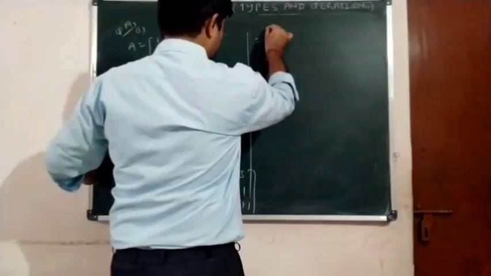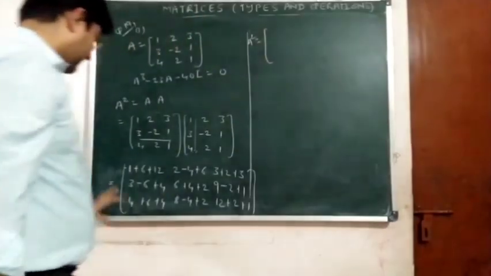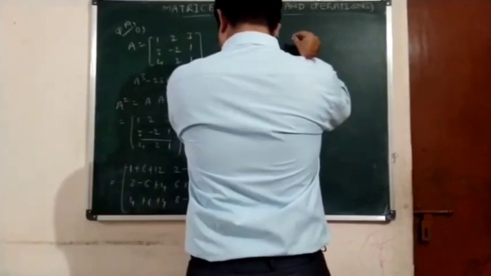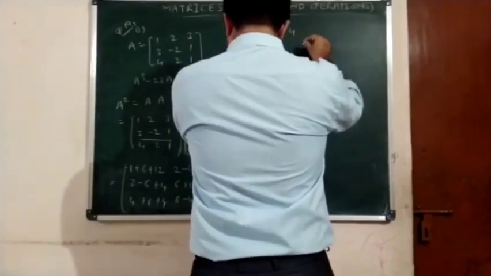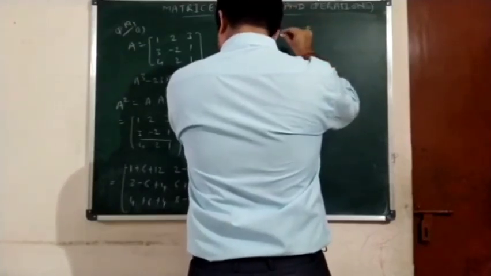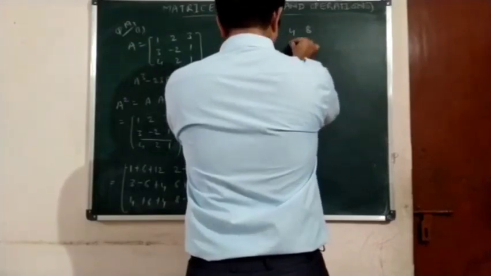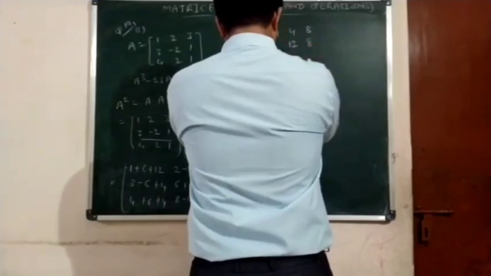So on simplification we will get the value of A square to be 18 plus 1 19, 8 minus 4 4 and 6 plus 2 8. Again 4 plus 3 7 minus 6 1, 12 and 8.